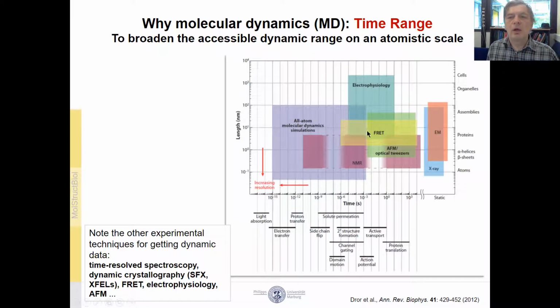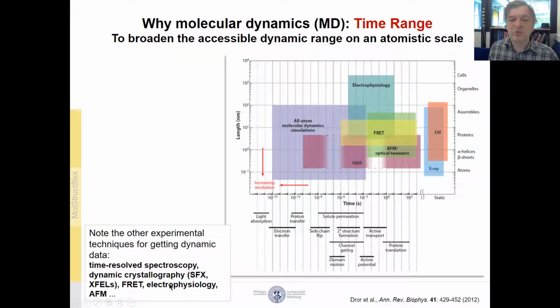Nice. But there are other techniques like fluorescence resonance energy transfer, FRET techniques, which are used in microscopy. They can give you some time range information. You can use AFM, optical tweezers, electrophysiology, actually quite a few other methods. And in recent times, we have fancy stuff like dynamic crystallography.